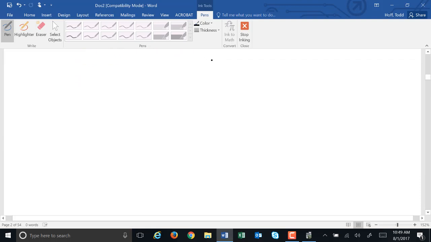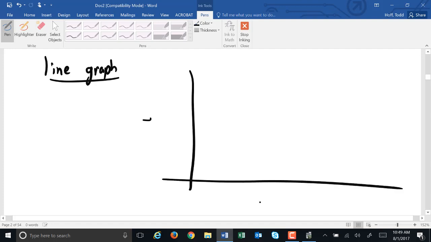The one that people tend to mess up is the line graph. Remember, on a line graph, there's always time across the bottom.